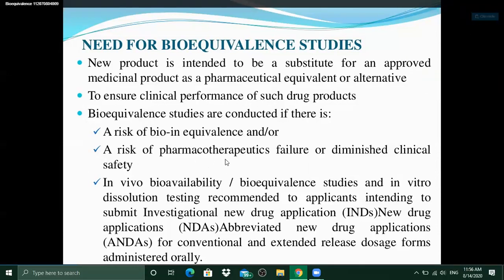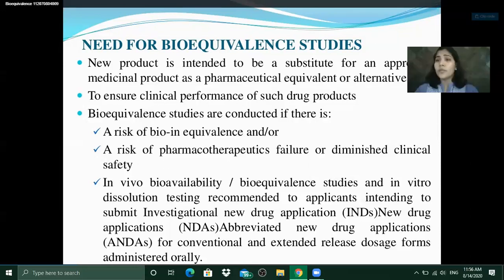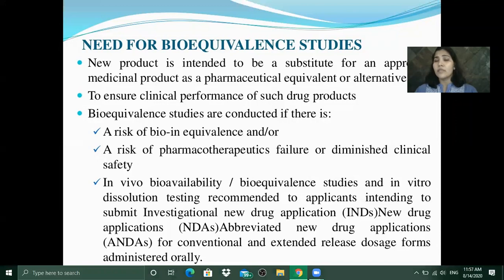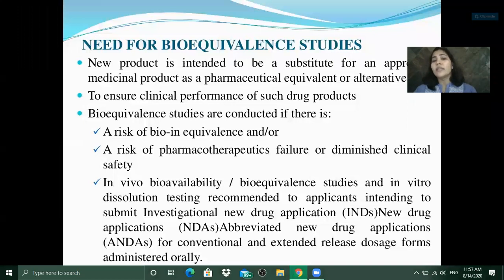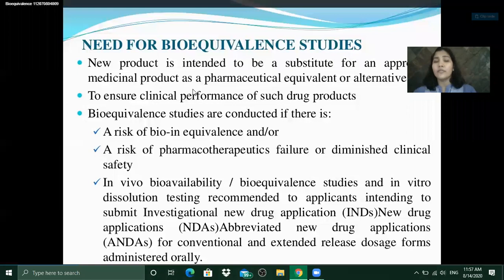Pharmacotherapeutic in the sense that the therapeutic value of it might fail, it might be at risk, or it might not be as efficient as we thought it to be. If that kind of risk is there, then we'll have to go ahead and conduct the bioequivalence studies.